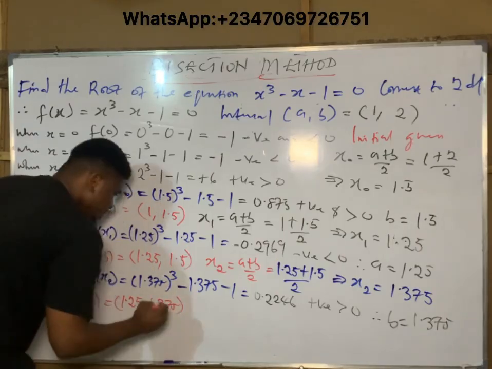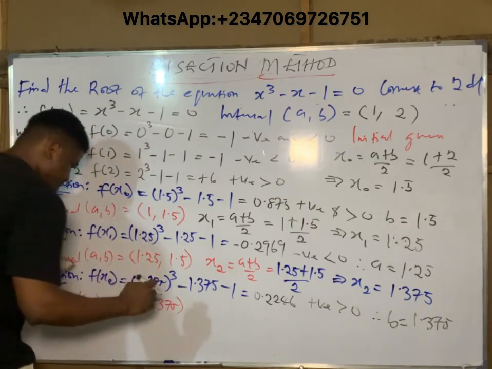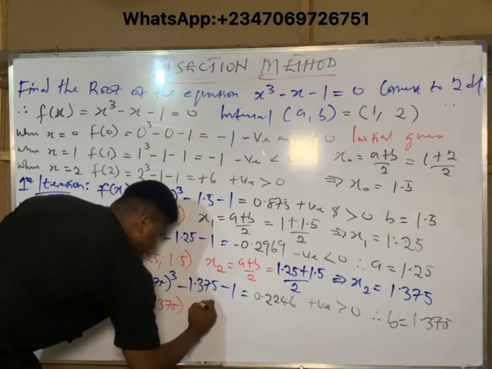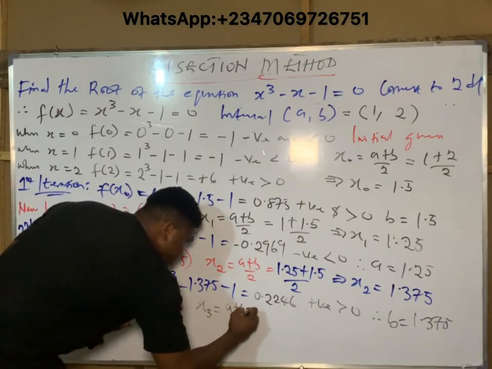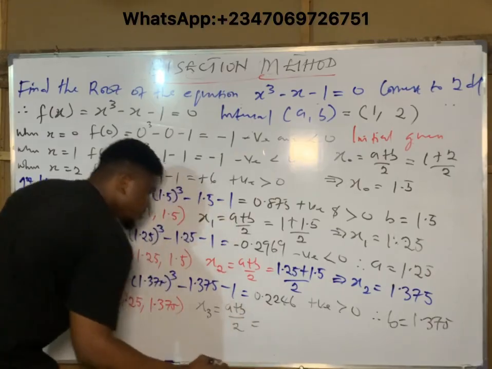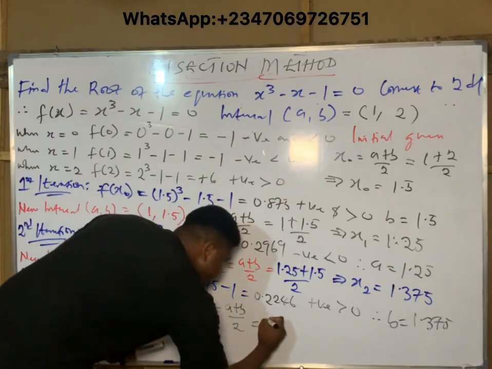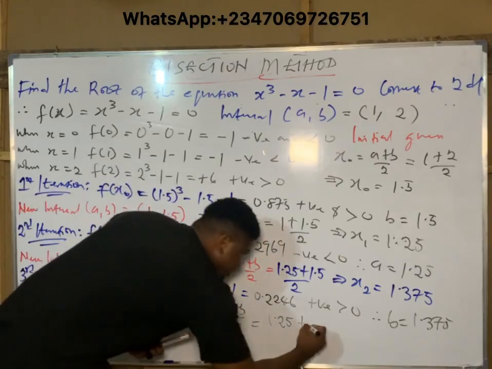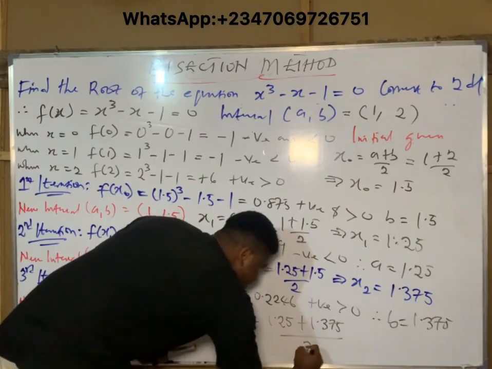So with this, we can now find our next iterative value, which is x3. x3 is a plus b divided by 2, which equals a is 1.25 plus b is 1.375 divided by 2.